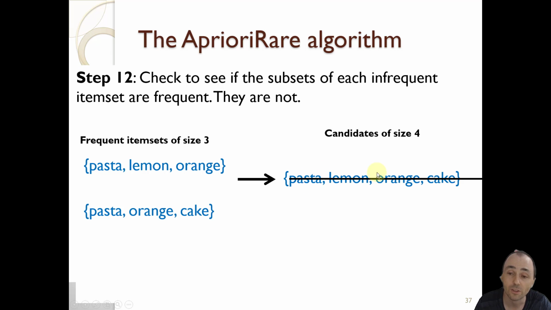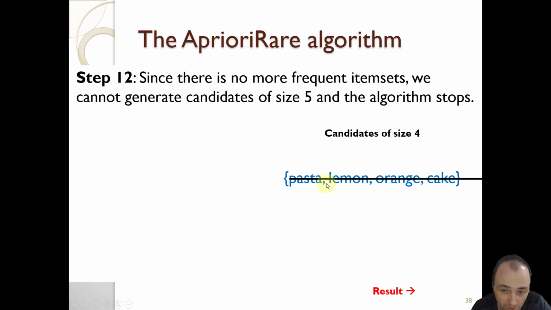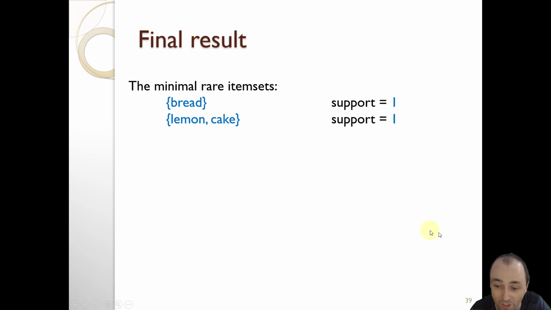Here there are no frequent item sets, and this is also not a minimal rare item set. So we eliminate it and then we finish, because we cannot make candidates of size 5. We cannot make item sets with 5 items.